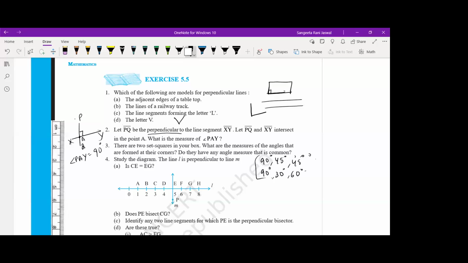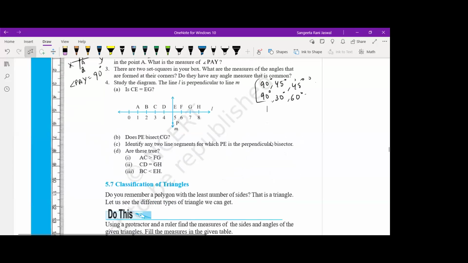Okay, let's see question number 4. Study the diagram. The line L is perpendicular to line M. These two lines are given. This is line L. This is line M. Is CE equal to EG? CE is here from C to E, and E to G. Are they equal? Just check.